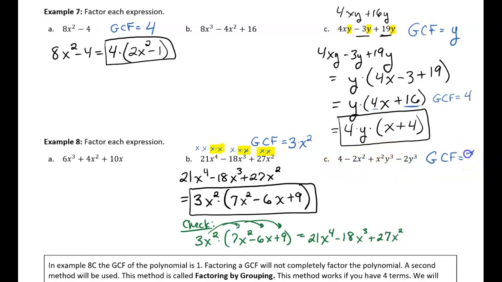So our GCF is simply the number 1, right? That's our standard if everything doesn't match up together here. We would say that this might be prime. Now, something that we mentioned a little while ago is that this expression has 4 terms. And when you have 4 terms, you have a couple more methods of potentially factoring.